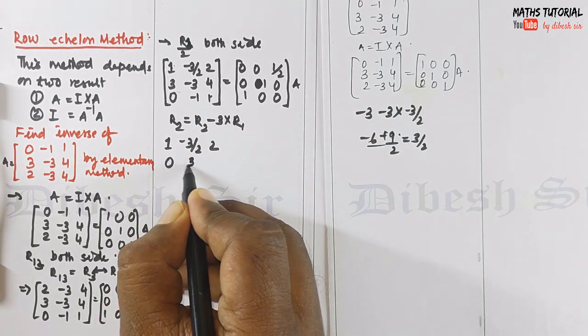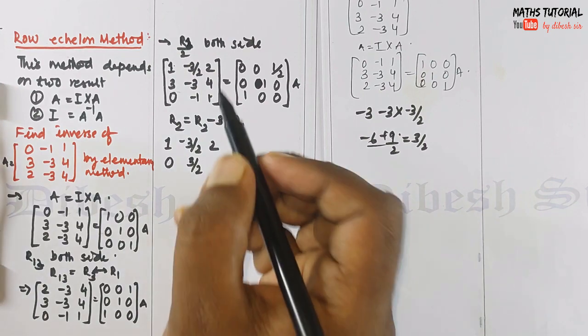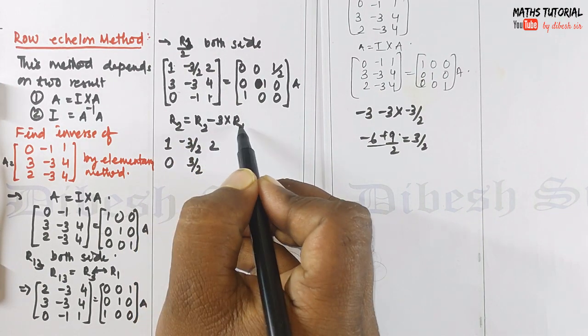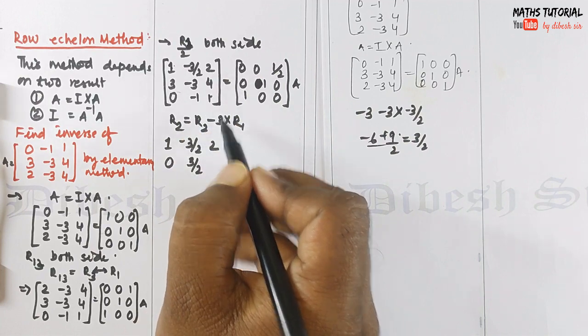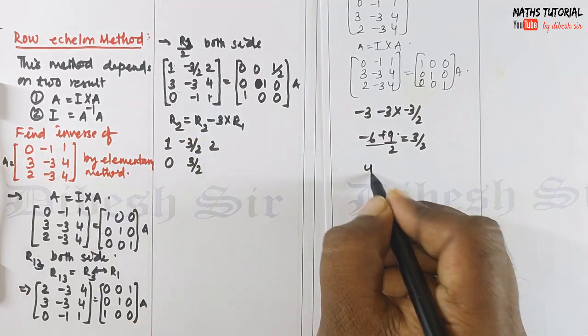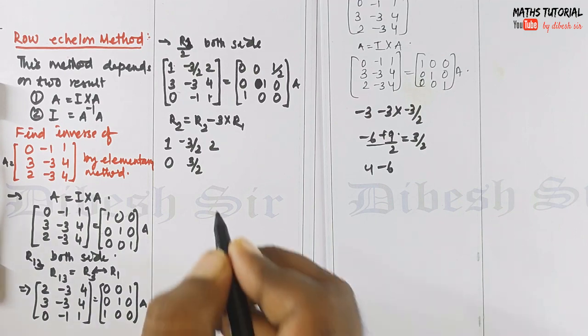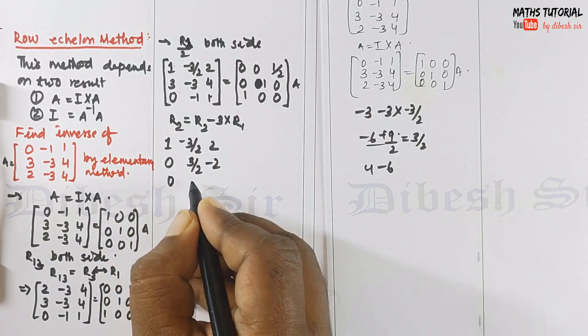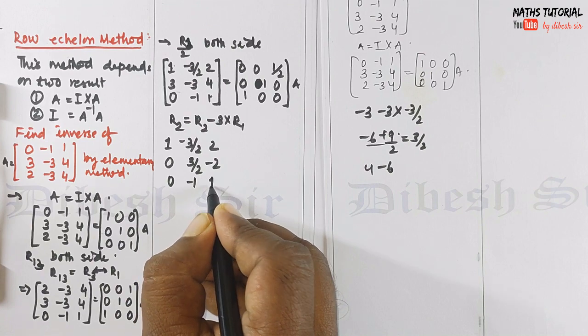Next, 4 minus 3 into 2, that is 6, 4 minus 6 is minus 2, and all remain as it is. So 1.